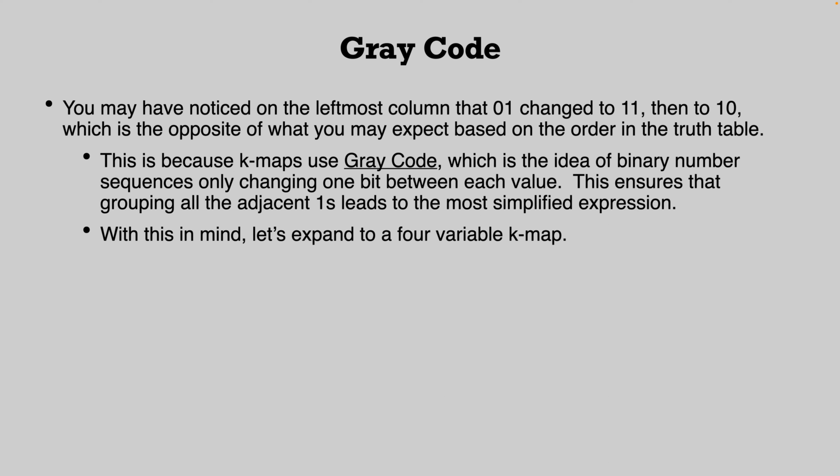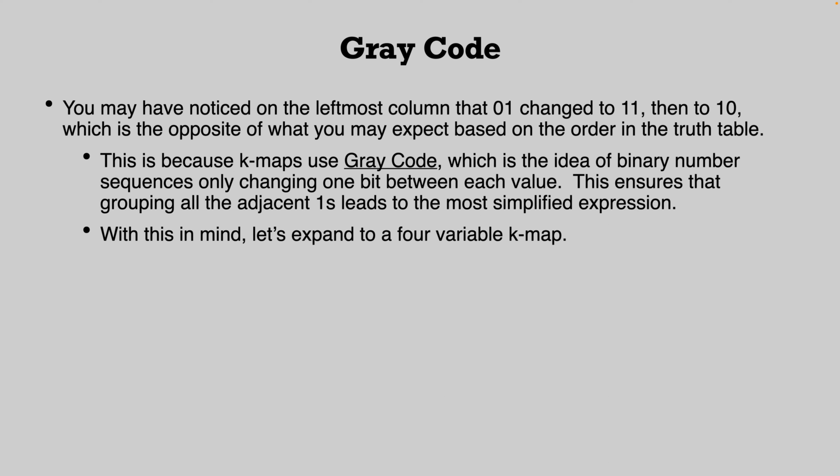So 0 1 changes to 1 1 because that first 0 is changing to a 1, and then from 1 1 to 1 0, that second 1 is changing to a 0. Instead, if you did 0 1 to 1 0, that's both bits changing, which would violate Gray code. The reason we do this is because it ensures that when you group all the adjacent ones, you get the most simplified expression.